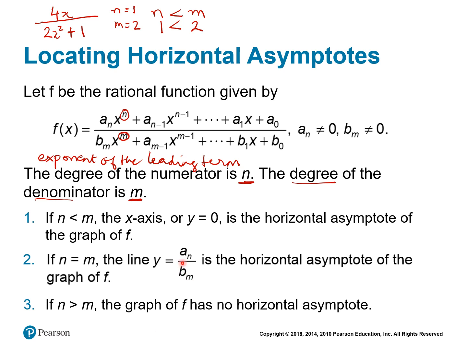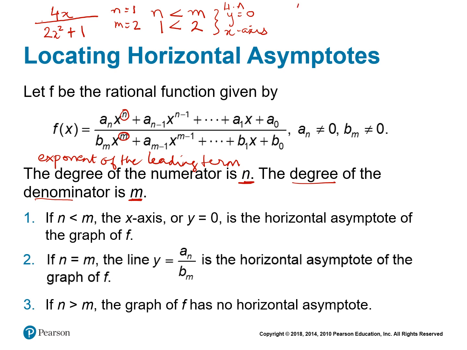The horizontal asymptote is going to be the x-axis, or y equals 0. All right, so in this case, it's going to be y equal to 0, which is essentially the x-axis. That's our horizontal asymptote.